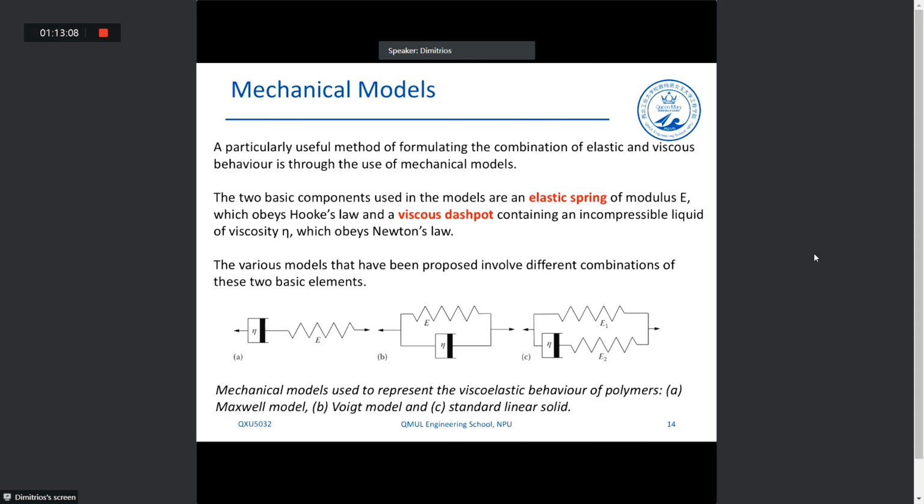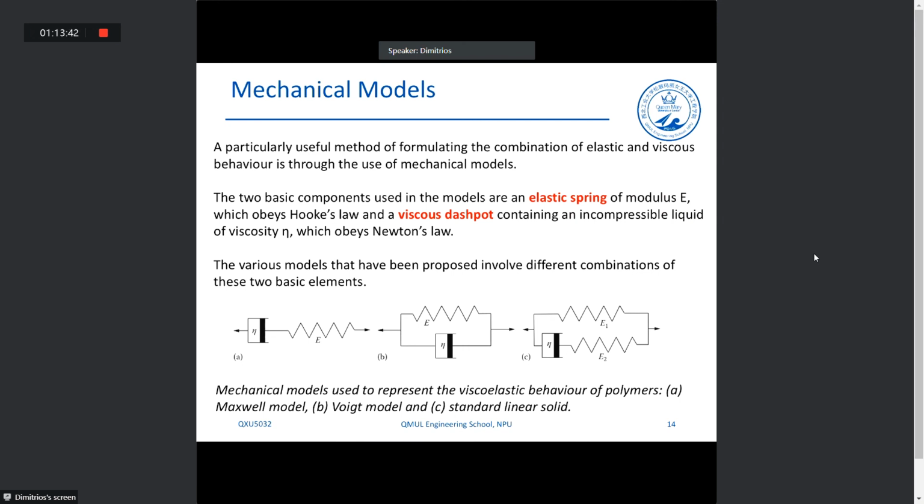As we said, the basic components that we use in order to model the mechanical behavior of a polymer are an elastic spring and a viscous dashpot. The spring obeys Hooke's law, and the viscous dashpot obeys Newton's law. So based on different combinations of them we can essentially approximate viscoelastic behavior of a polymer.